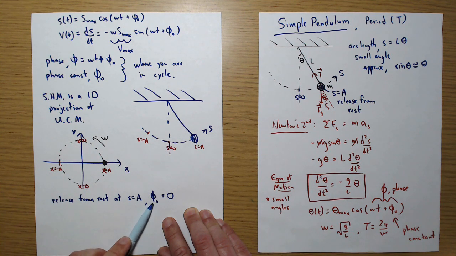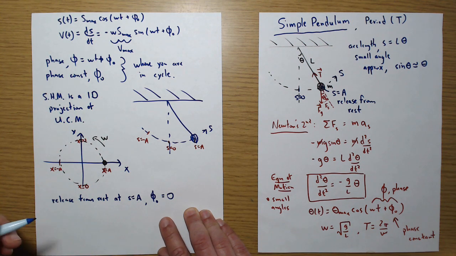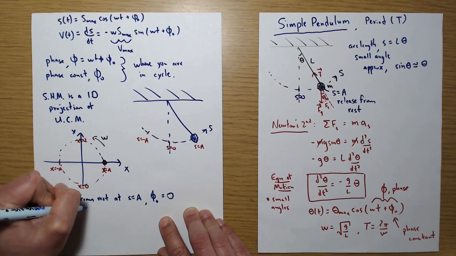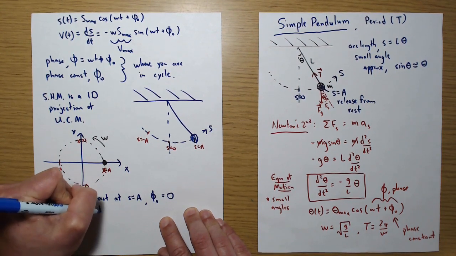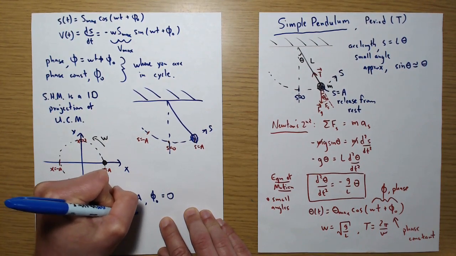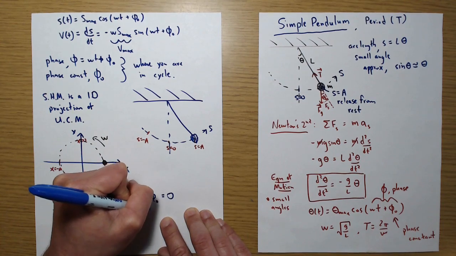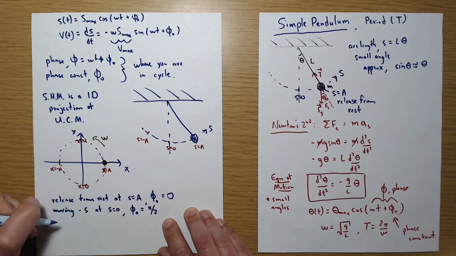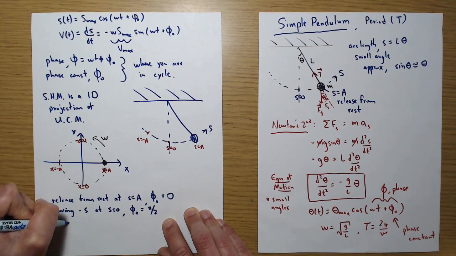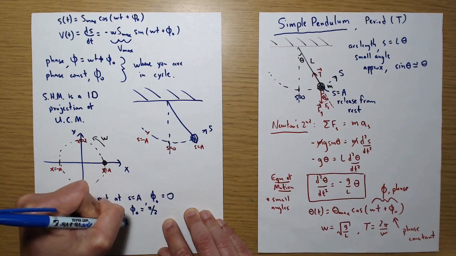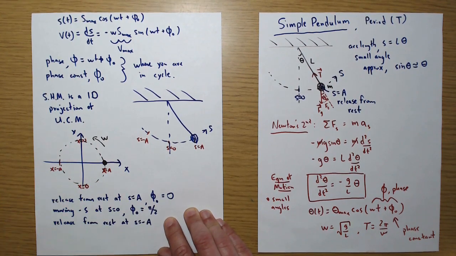That would give you a different phase constant. If it's moving in the negative s direction at s equals 0, this would mean your phase constant is pi over 2. Right? What if I release it from rest at s equals minus a?